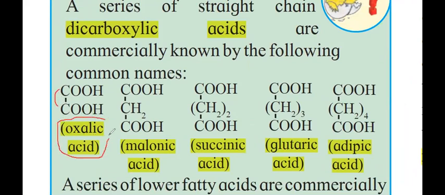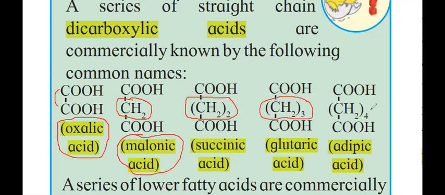In between two COOH groups, if there is one CH2 group, the common name is malonic acid. If it contains two CH2 groups, it is called succinic acid. Three CH2 groups, glutaric acid. Another one is adipic acid, which contains four CH2 groups.